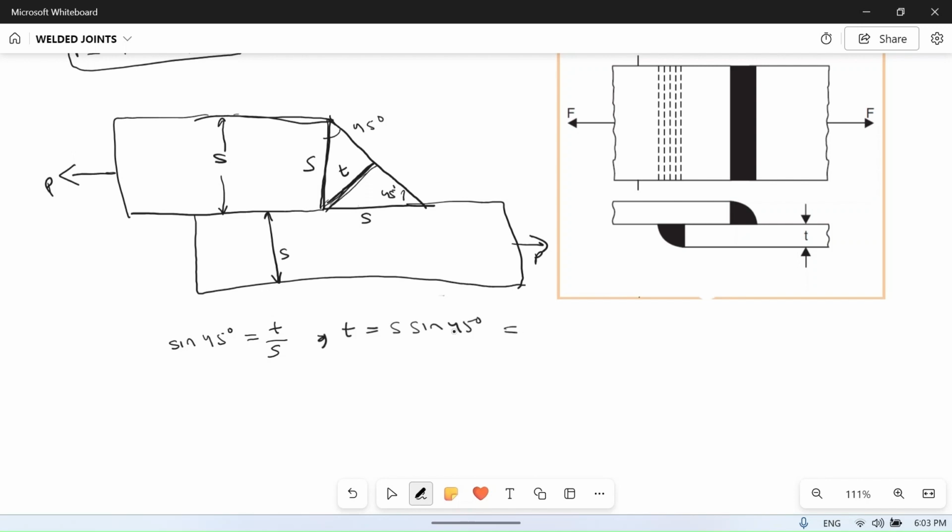Sine 45 is equal to 0.707, so T is 0.707 into S. This is the throat thickness. What will be the area of this throat? L is the length of the weld and T is the thickness, so area will be length into thickness, which is 0.707 L into S. What is the strength?